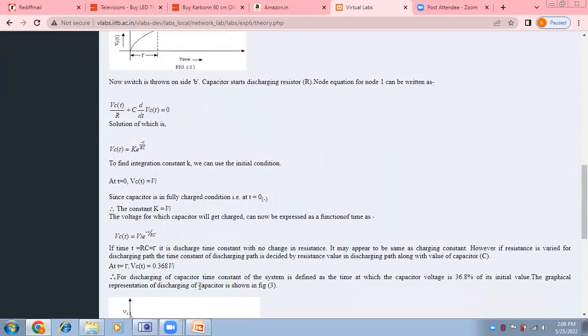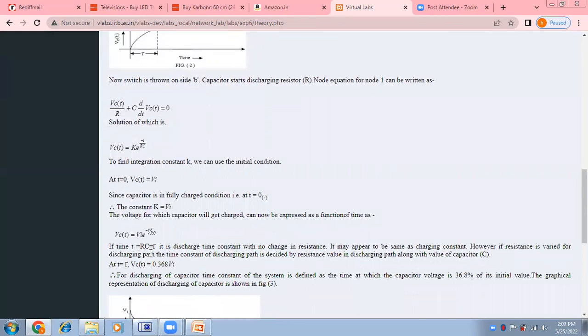Now the time t equal to RC, that is the time constant, is the discharge time constant. With no change in resistance, it may appear to be the same as the charging constant. However, if the resistance is varied for the discharging path, the time constant of the discharging path is decided by the resistance value in the discharging path along with the value of capacitor C. At time t equal to tau, Vc(t) is equal to 0.368 Vi.